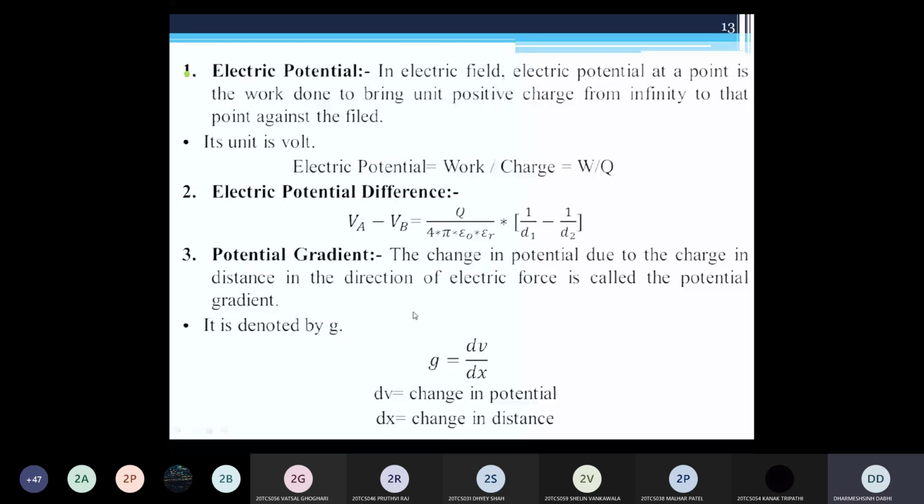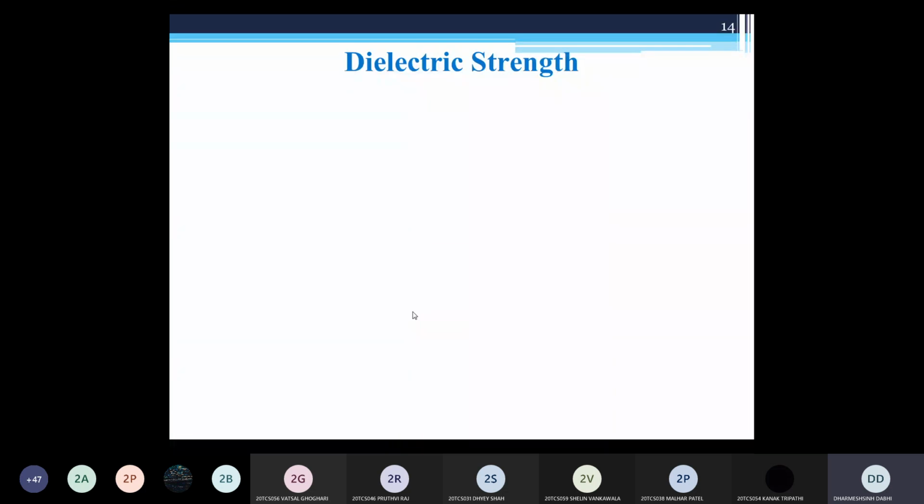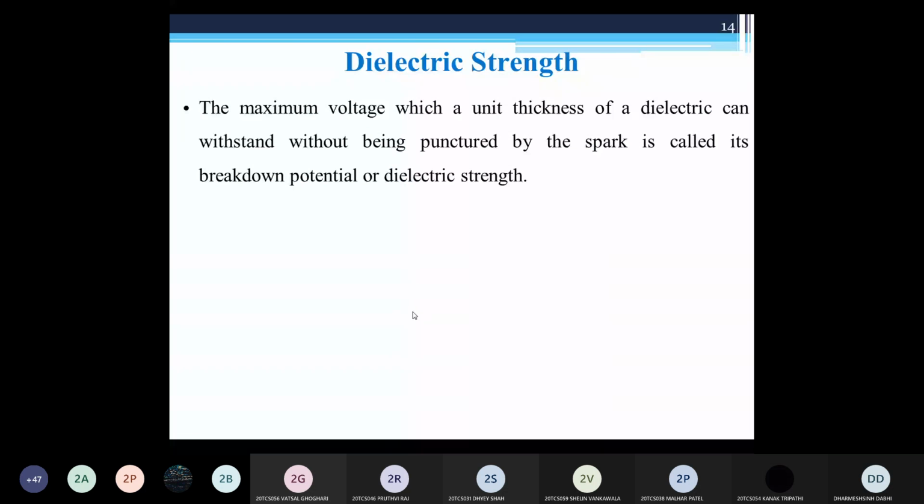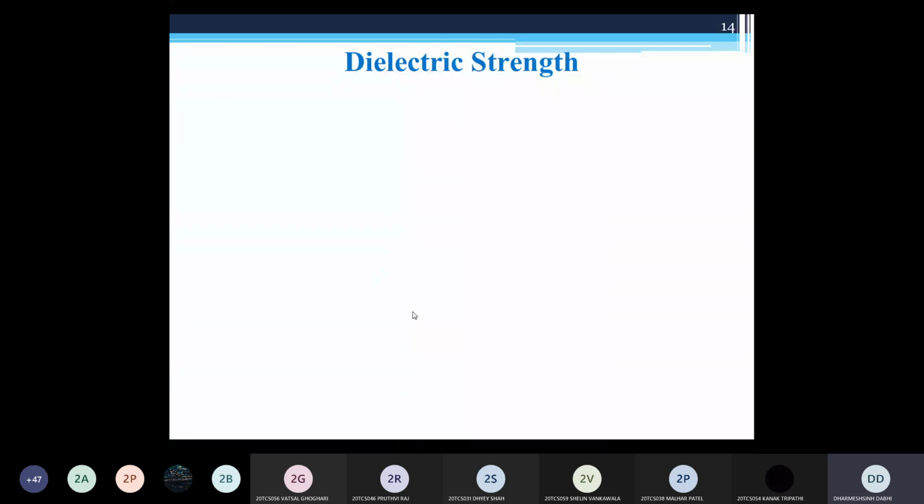Okay. So next definition, dielectric strength. What is the dielectric strength, and in which type of material do we generally measure the dielectric strength?